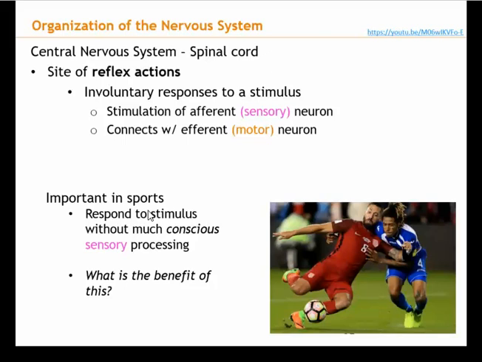And after thinking about it, I'm sure some of you would say, number 1, it decreases the need to actually have to think about the movement. So it makes it become more automatic.